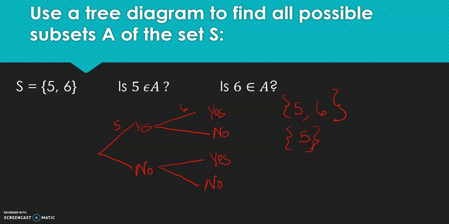Reading across, no, 5 is not in the set. Yes, 6 is in the set. No to 5 and no to 6, the empty set. There are 4 subsets, and we listed all of them.